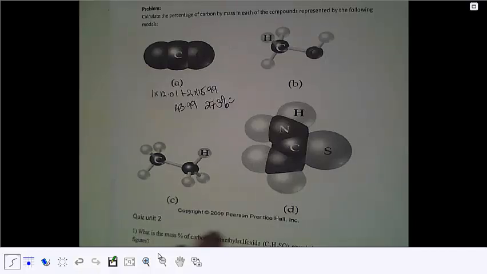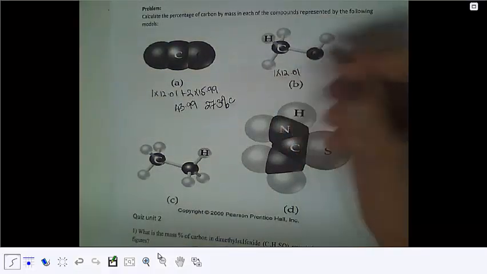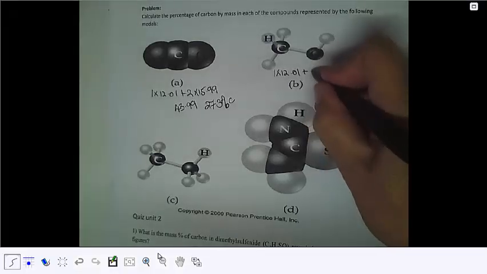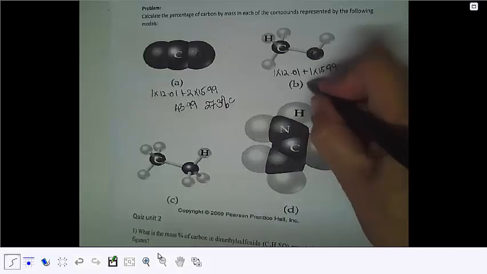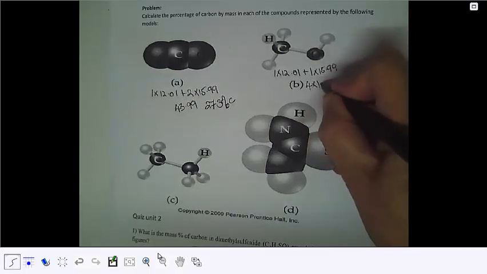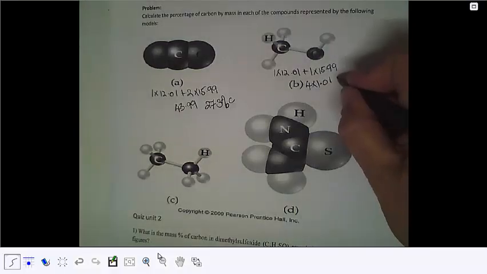The next molecule is an alcohol, the simplest alcohol, methyl alcohol. There's one carbon atom, so it's 1 times 12.01. There's one oxygen, 1 times 15.99, and there are 4 hydrogens, so it's 4 times 1.01, which should give you a total of 32.04.